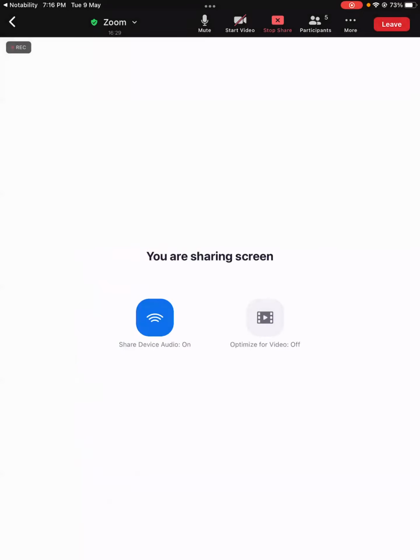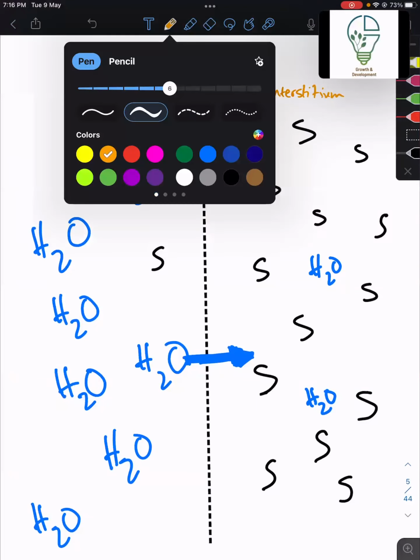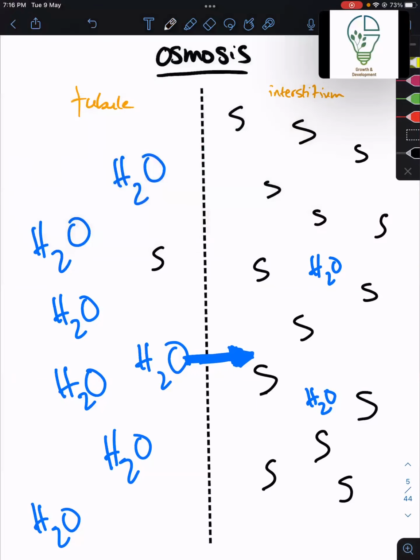Okay, good. I'm seeing some answers, and they're saying more. Exactly. Water moves from a low solute concentration to a high solute concentration, and the main thing to also know is that the more of a difference there is, the more water is going to move out. So that's good. You understand the concept.